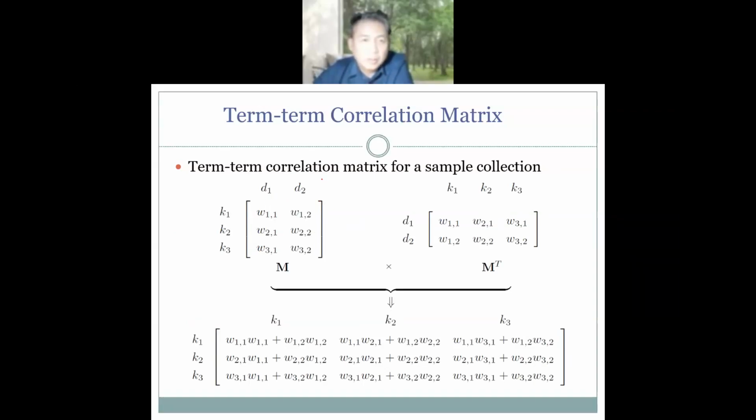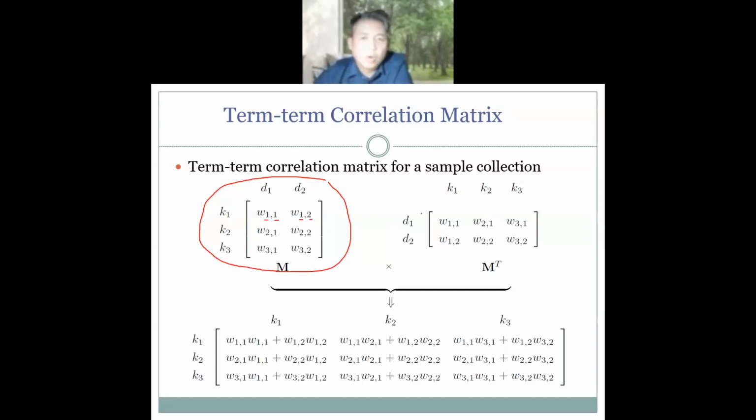Let me show you the formula. This looks familiar, right? This is the term document matrix. We have the weightage of keyword 1 in document 1, and the weightage of keyword 1 in document 2. If you want to find the correlation between the keywords, we just get the transpose of this.